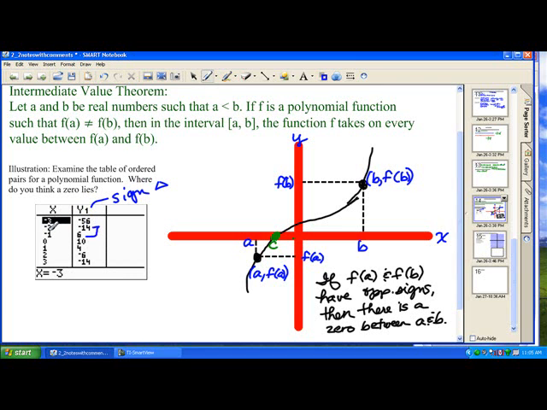If you think about plotting the point -2, -14, and the point -1, 6, what would happen in between there? It's going to cross the axis. So that means somewhere between -2 and -1, there is a 0 of f. Then it stays positive, positive, and then notice again it goes to a different sign.